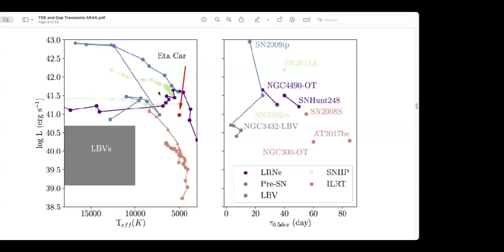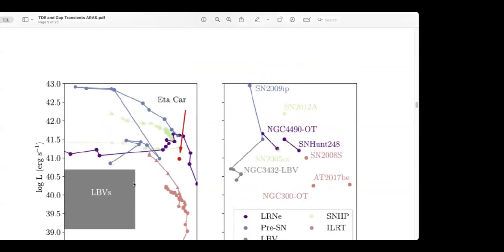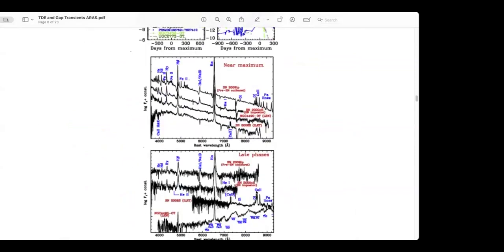You're talking about something that's dynamical, that's highly density stratified, that has a velocity field, and that doesn't look like anything remotely resembling a black body.